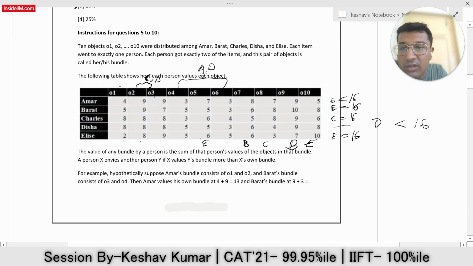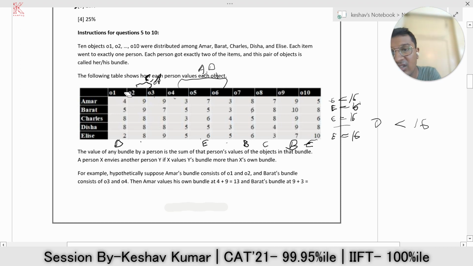Alright. So O1 is left. O1 should go to D only because that's the only option left. C will get O2 or O3 and the other bundle will go to A. A will get O4 or O6 and the other bundle will go to D. B and D I am already done with. I'm just left with O1, so that must go to D.